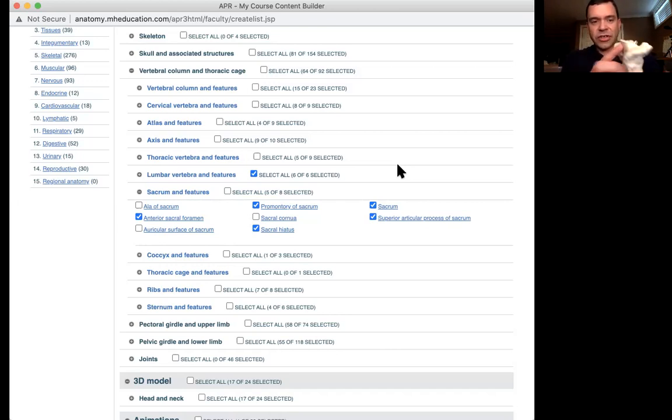And then we have what's called the sacral hiatus. And if there was a hole, it would be right there. Just like we have the vertebral foramen throughout the regions of the spinal column, cervical, thoracic, and lumbar vertebra, we have a sacral canal or sacral hiatus right here, okay?